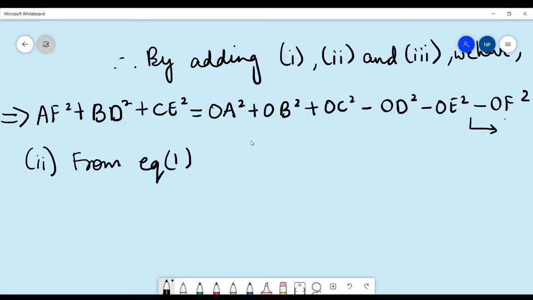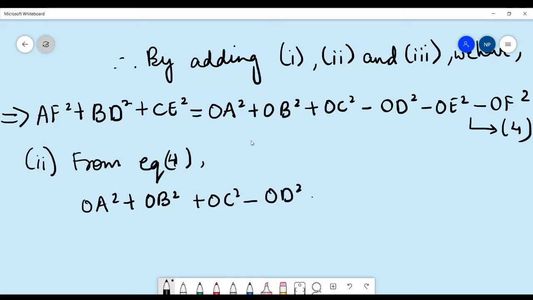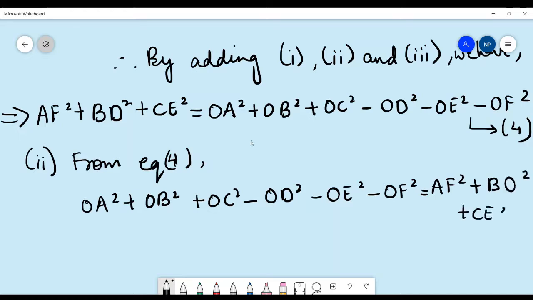This will be equation number 4. Okay. So write down from equation 4. What do we get? We get OA square plus OB square plus OC square minus OD square minus OE square minus OF square is equals to AF square plus BD square plus CE square.